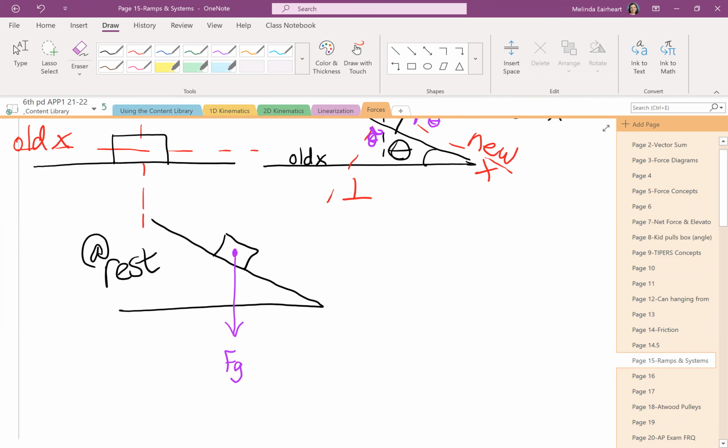What other forces are acting on this box at rest? Normal force. By definition, we draw normal force, what direction? Perpendicular to the surface. Our surface is now tilted. Our perpendicular axis is tilted, right?